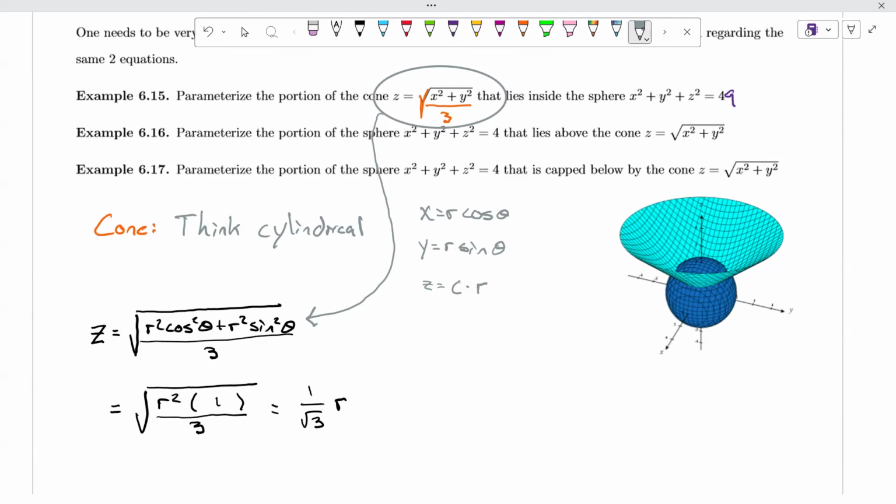Yeah, you totally could, instead of needing to substitute for the cosine squared plus sine squared bit. That's totally fine as well. I just wanted to show my steps from as low down in the process as I could. But if you wanted to jump straight to the equation of this cone being z equals 1 over root 3 times r, that would be fine too.